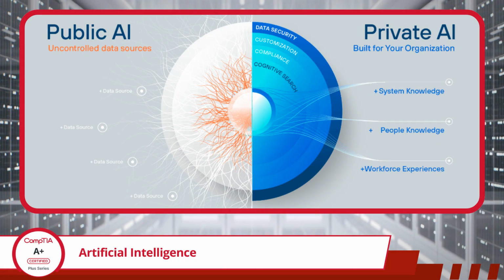Finally, let's talk about private versus public AI systems, which introduces important concerns surrounding data security, data sources, and data privacy. As the diagram behind me illustrates, public AI and private AI differ significantly in how they handle information and where that information comes from. Public AI systems are generally accessible over the internet and often rely on massive, uncontrolled data sources gathered from across the web.